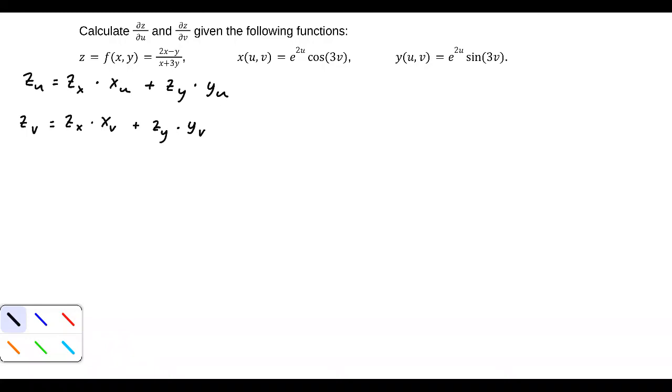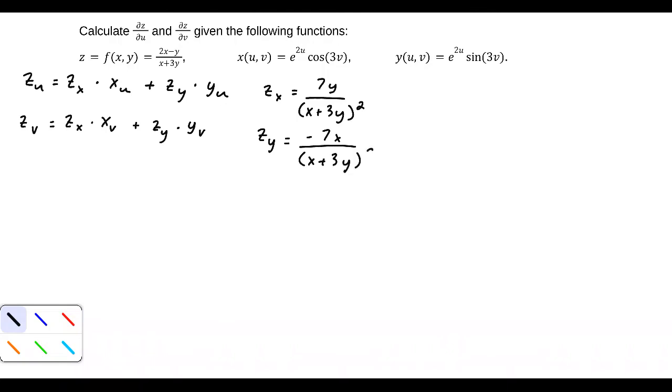Knowing the quotient rule and a little bit of scratch work, I can say that z_x is going to be equal to 7y as a numerator divided by (x plus 3y) squared as our denominator, and z_y, again with the quotient rule, equal to a numerator of negative 7x, the denominator of (x plus 3y) squared.